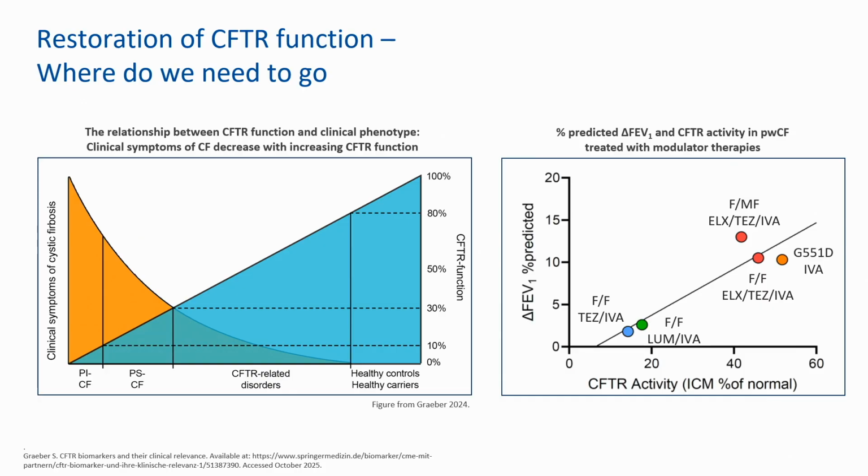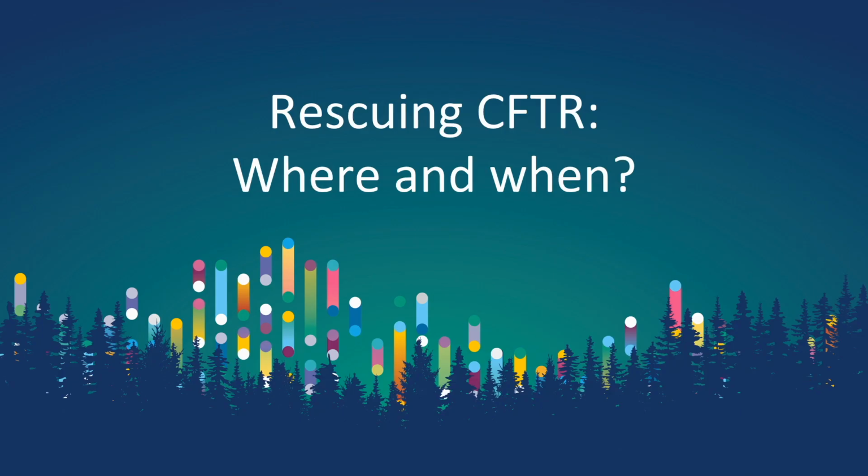And here it is drawn like a straight line. But I think also here there might be a ceiling effect in lung function at about 40 to 60%. So then going to the next questions, and I combined those because I think it's very difficult when to start in which tissue.